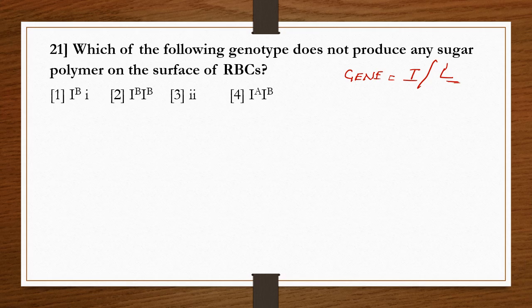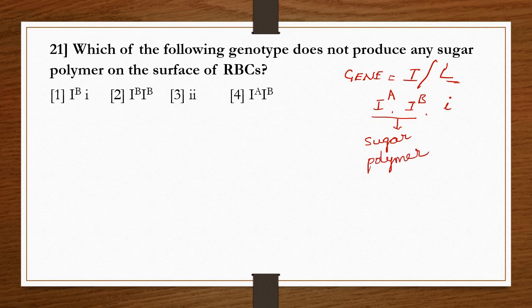Now this I gene has 3 alleles: IA, IB and small i. These 3 alleles differ based on the production of sugar polymer. IA and IB produce sugar polymer.